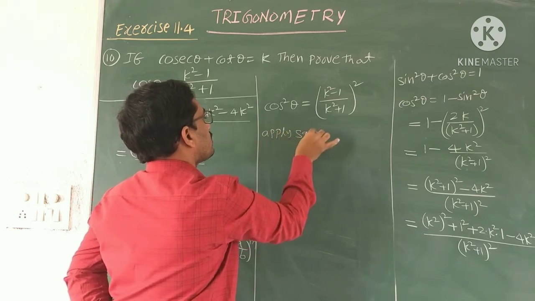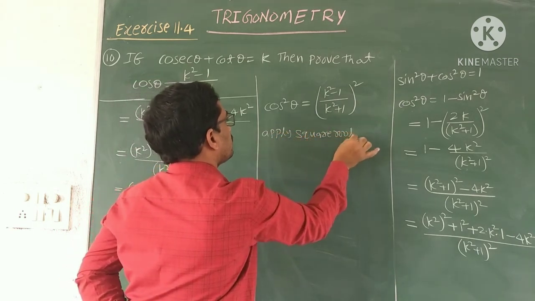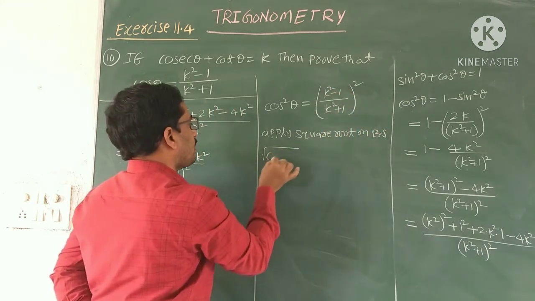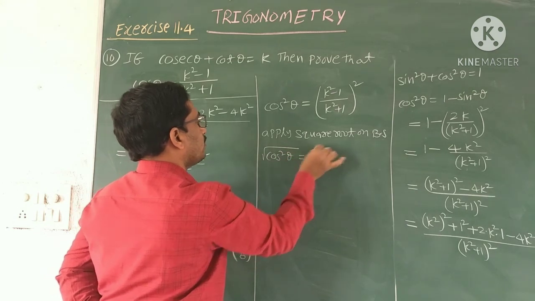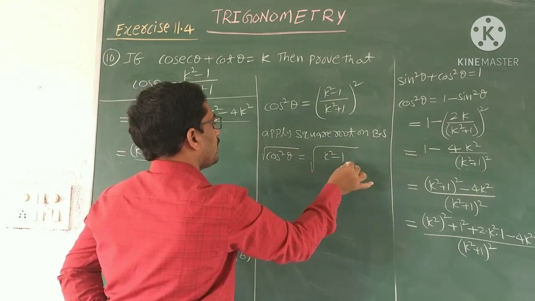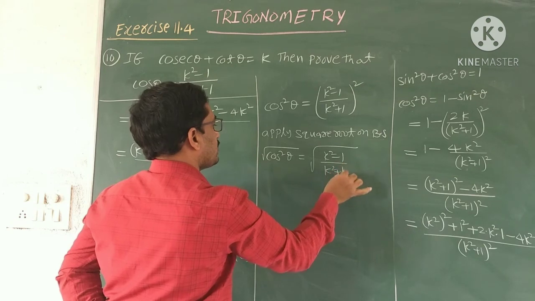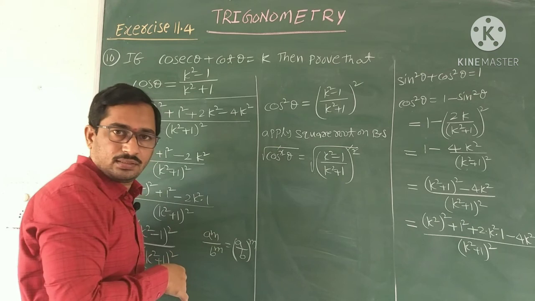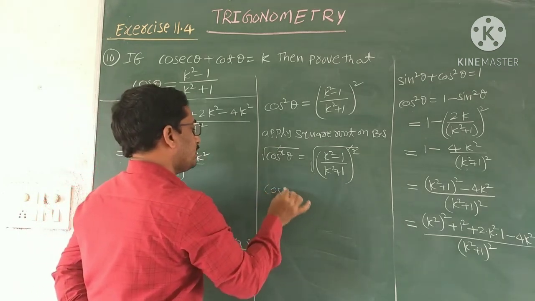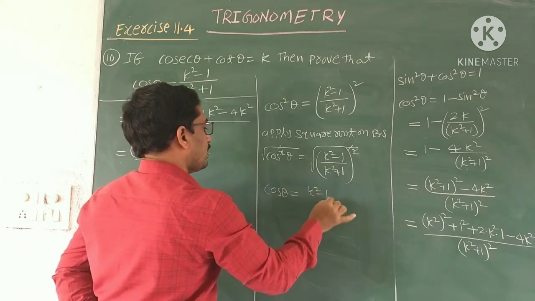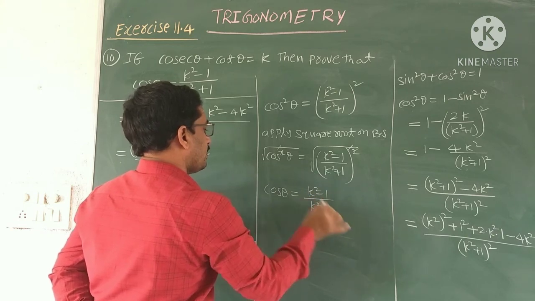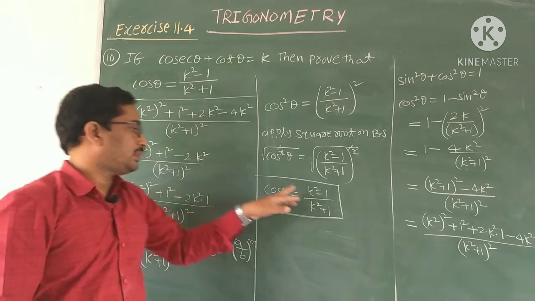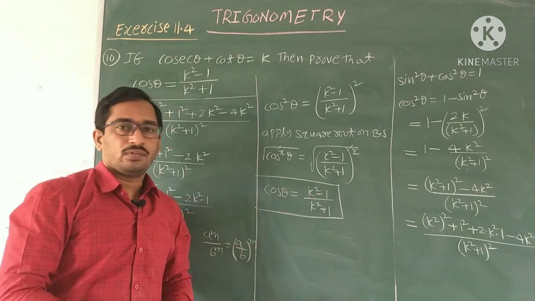Square root of cos square theta equal to square root of k square minus 1 by k square plus 1 whole square. Square root and square cancel, so on the left side only cos theta, and on the right side k square minus 1 by k square plus 1. So this is our answer. Expressed in terms of cos theta, cos theta equal to k square minus 1 by k square plus 1.